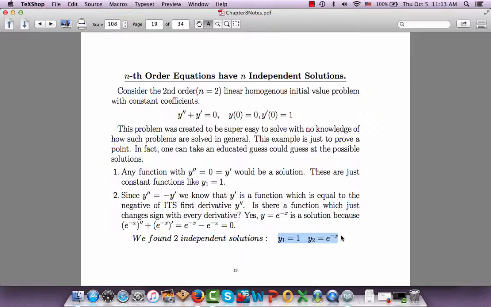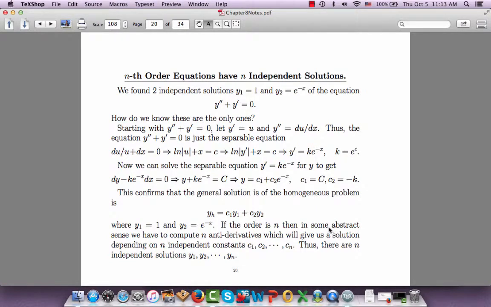Now let's see from another perspective why we get these two solutions as the basic two independent solutions that we can use to construct all other solutions. There's a lot of detail in here, but I just want to talk about it a little bit.